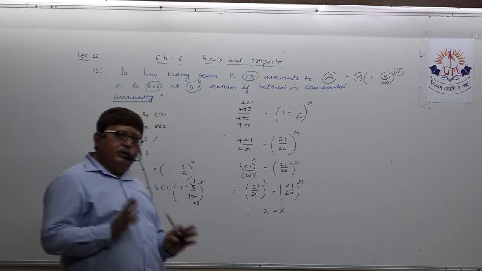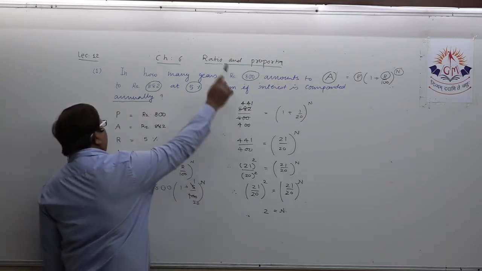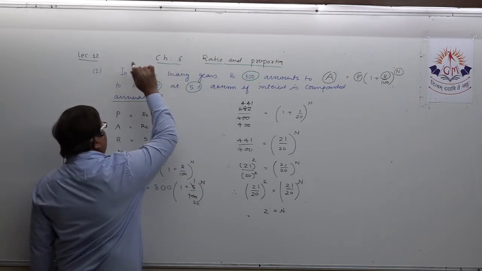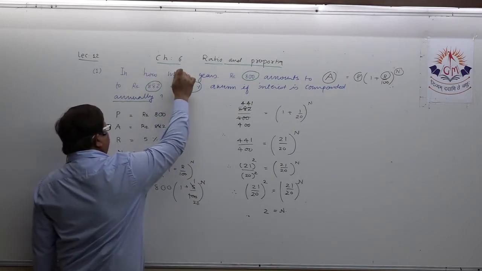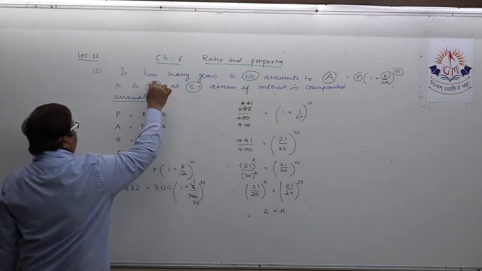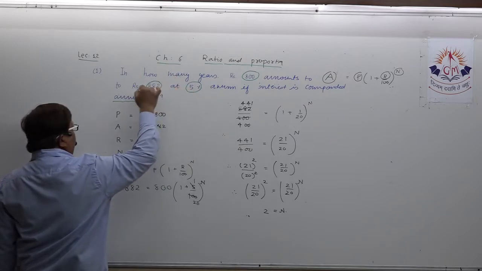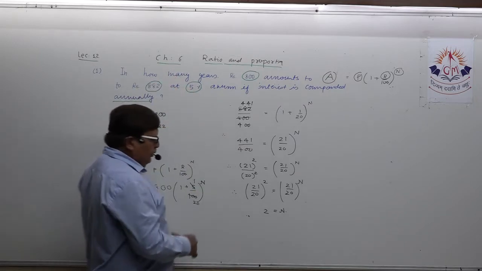This is the way you should also write the last statement. What should be the last statement? In 2 years, rupees 800 amounts to rupees 882 at 5% per annum if interest is compounded annually.